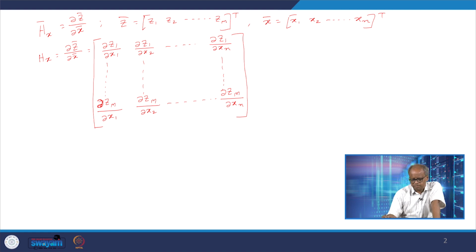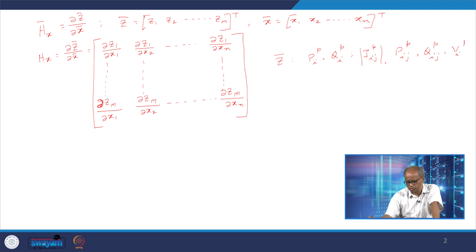Now, as we said, my measurements can come only from 5 categories: Pi injection, Qi injection, Iij magnitude, then Pij and Qij, and of course, sometimes we also measure the voltages.